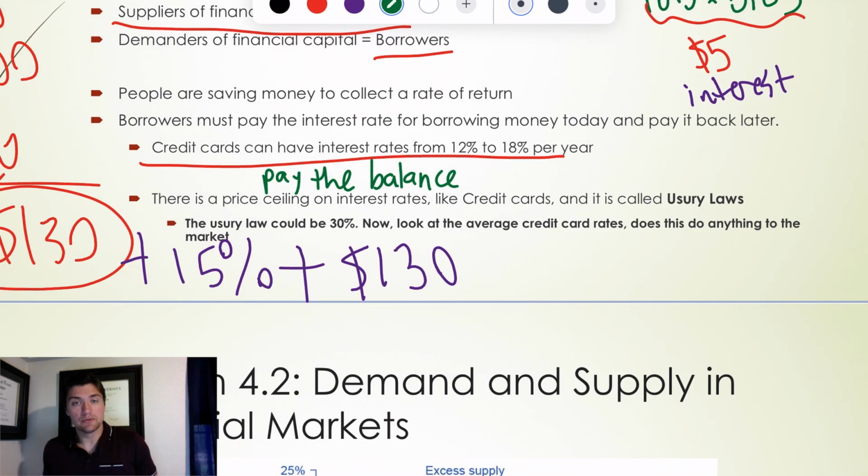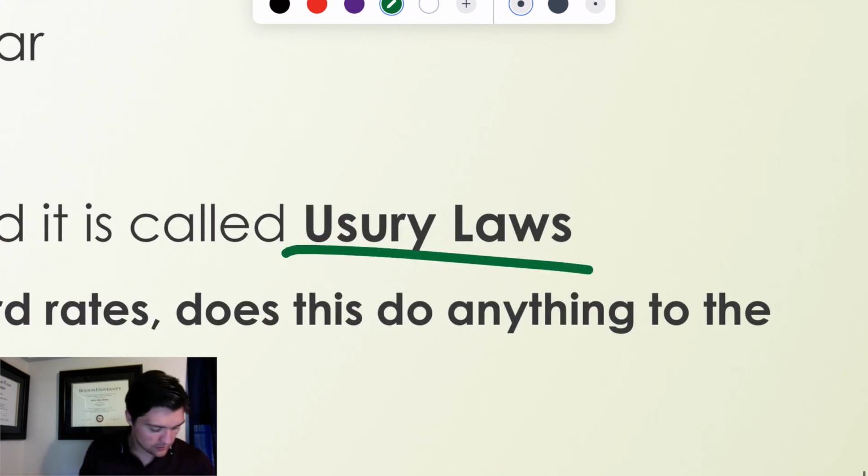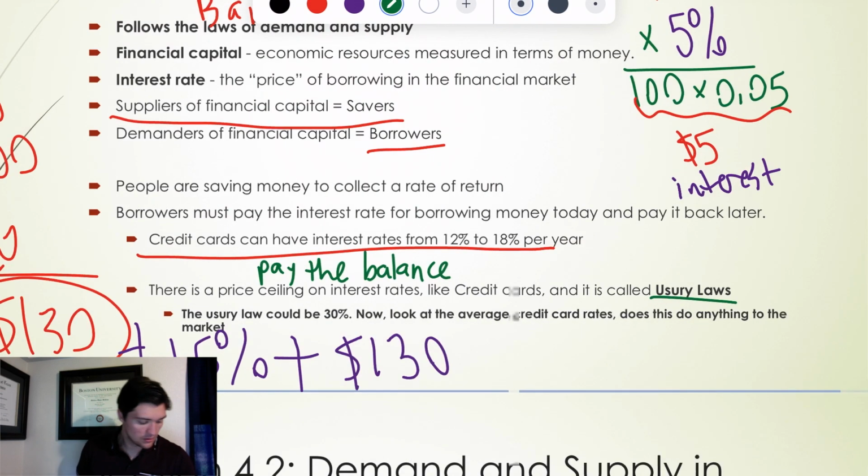And sometimes people don't like how high the interest rate is. So guess what the government will do? They will create a thing called a price ceiling, such as a usury law. This is a maximum price on an interest rate. So this law could be 30%. Okay?